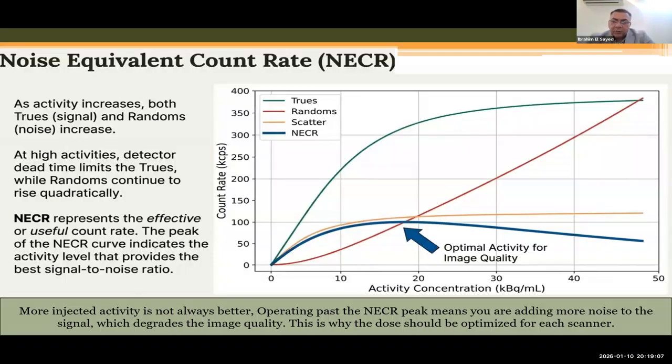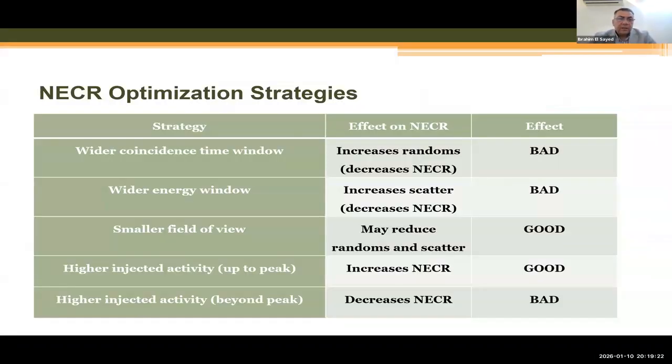Practically speaking, the optimal injected dose for a given scanner is determined by the NECR peak. Doses should be optimized for each individual scanner, not standardized across all institutions. And here is a table explaining the optimization strategies that we can use.